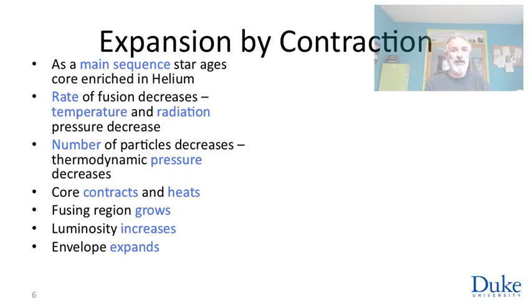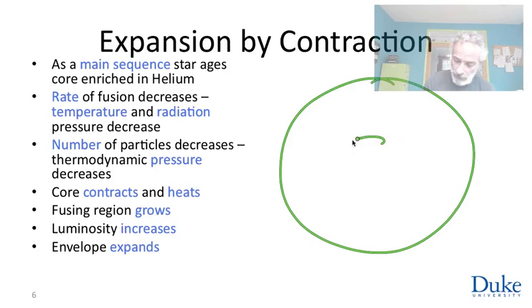Over time, as fusion goes on, the hydrogen in the core becomes enriched in helium. So what that means is that if you have your star over here and the core in there, there is more and more helium in the core, and correspondingly less and less hydrogen.